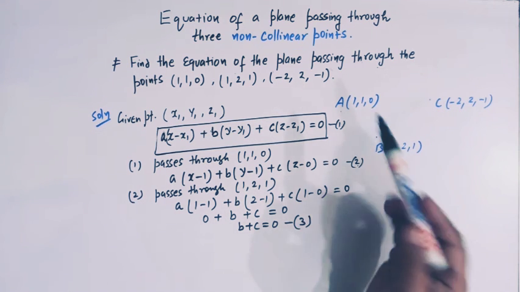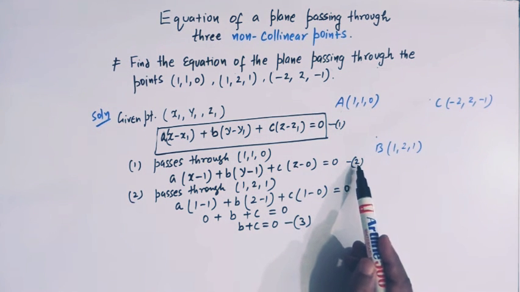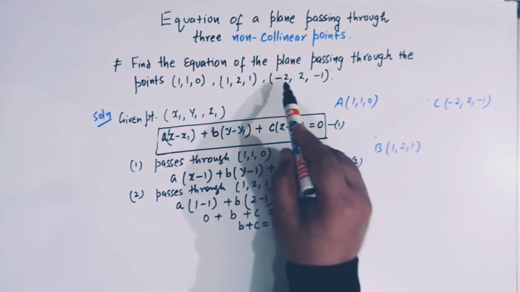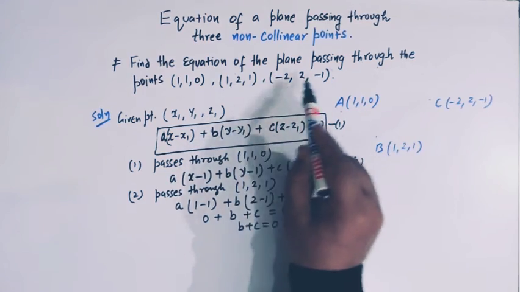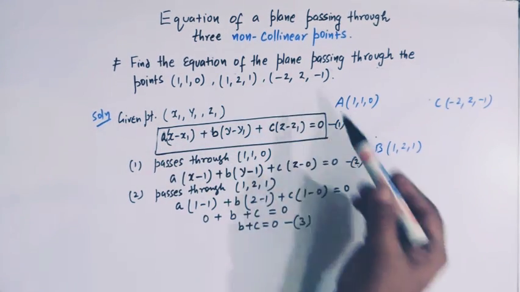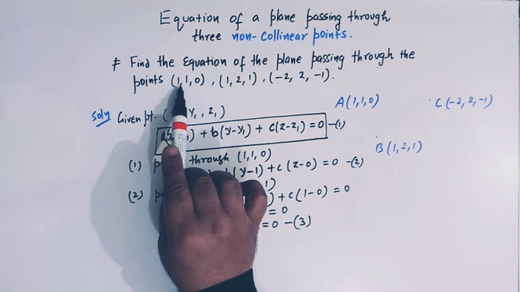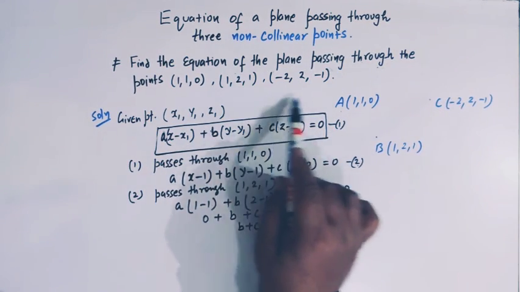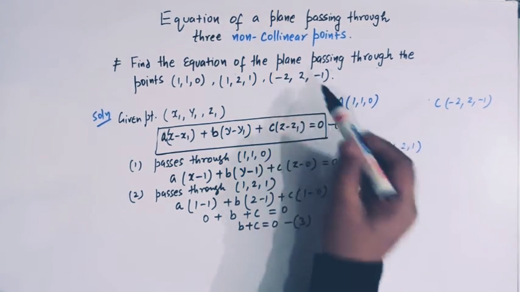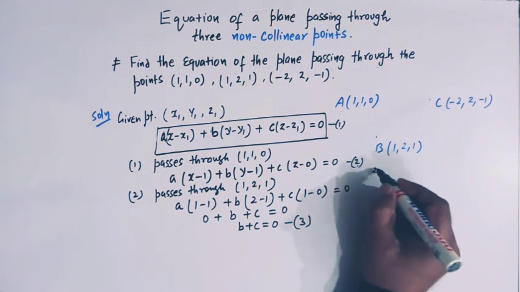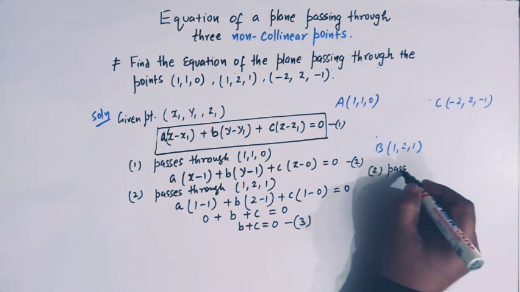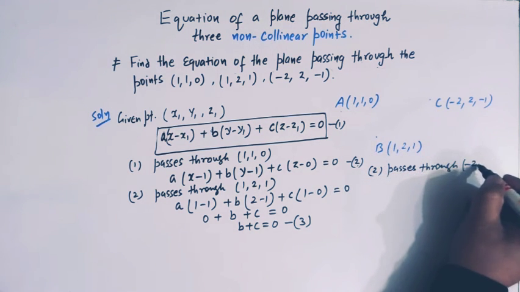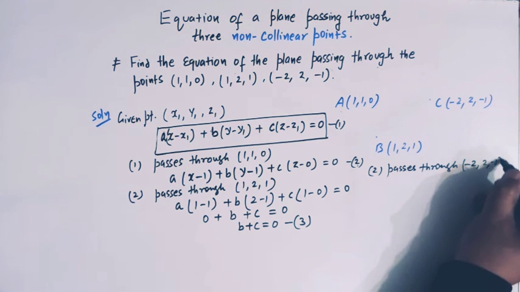Now equation number 2 also passes through this point. Because here we are given 3 points, we have utilized this point, then this point, and now this equation passes through the third point, (-2, 2, -1).